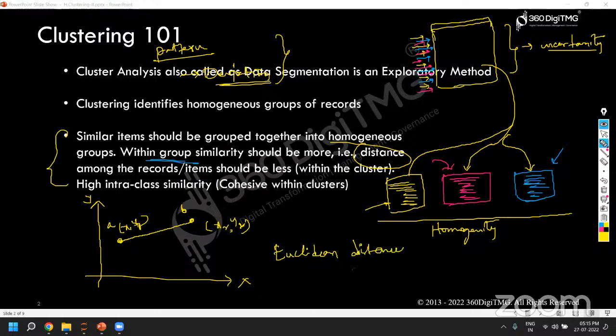A is represented as x1, y1. B is represented as x2, y2. On the x-axis, these two data points are at a distance of x2 minus x1. On the y-axis, we have the distance between them as y2 minus y1.